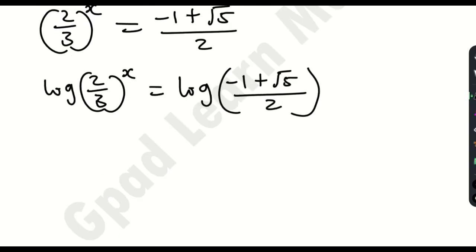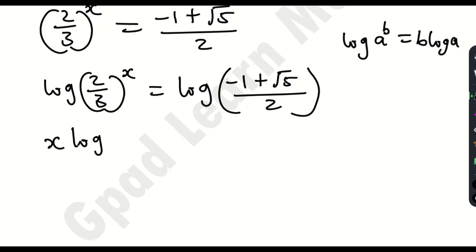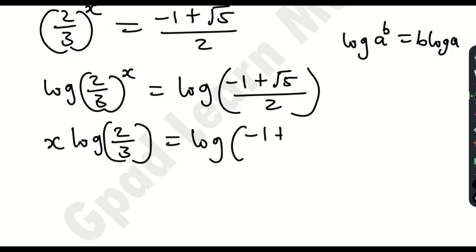Okay. So from one of the laws of logarithm, this x will be used to multiply the logarithm. If you have log a raised to the power b, this is equal to b log a. One of the laws of logarithm. So I'll do exactly the same thing here. That will be x log 2 over 3 is equal to log of negative 1 plus root 5 over 2.